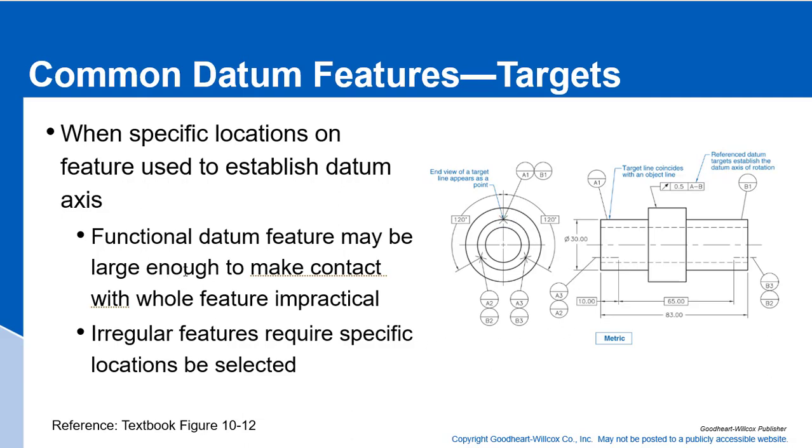Now, functional datum features may be large enough to make contact with the whole feature in practice. Therefore, irregular features will always require these specific locations selected. If it was just a cylinder, you can grab it with a chuck. Okay, well, if it's irregular or we have to control the points where we make contact here, then we'll use datum targets to specify our common datum features.